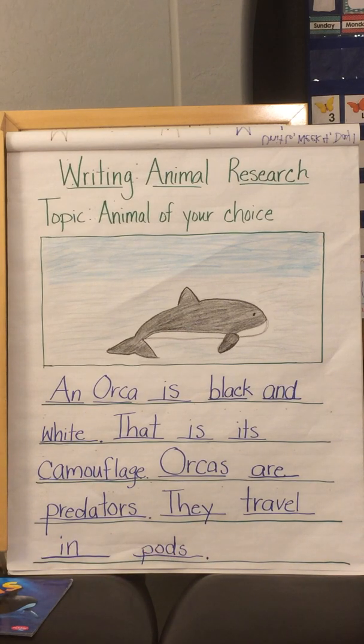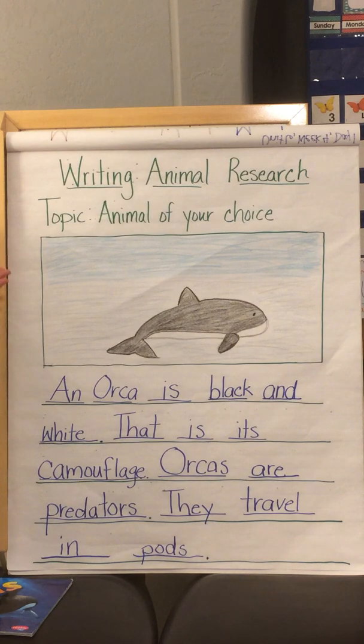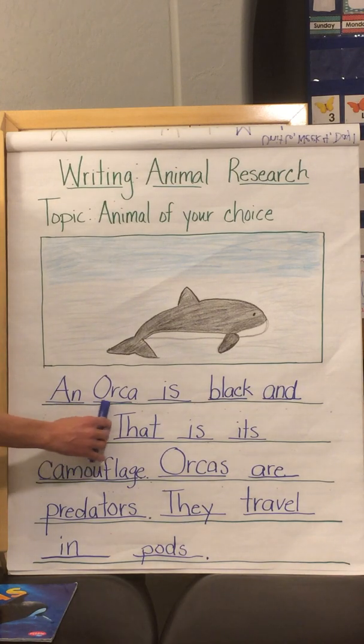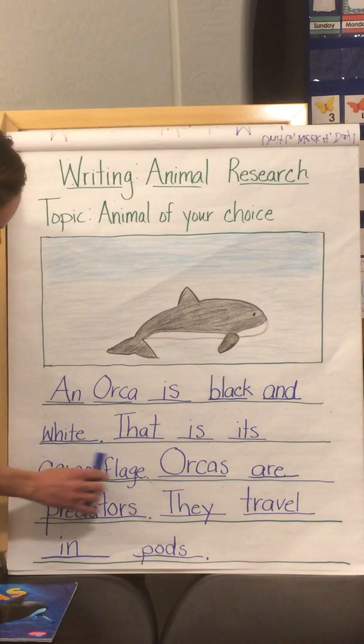So now I started with only 2 sentences in my animal research paper, and now look, I have 4 sentences in my research paper. So I chose to write about orcas. An orca is black and white.